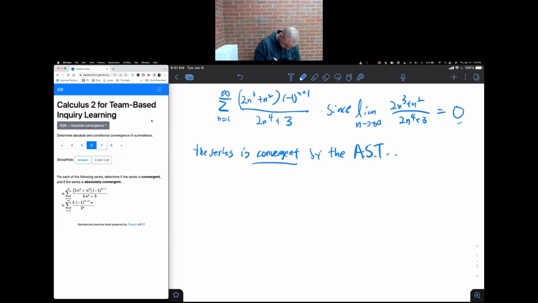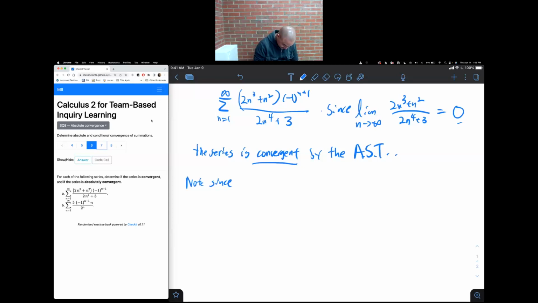So note, since I want to compare the series without the minus 1 to the n to the harmonic series 1 over n, it makes sense to just invoke the limit comparison test.